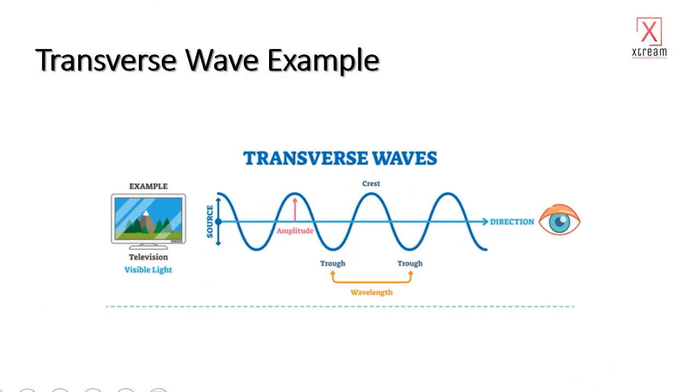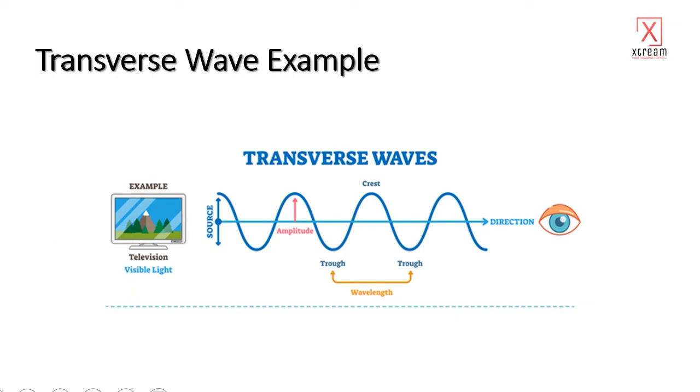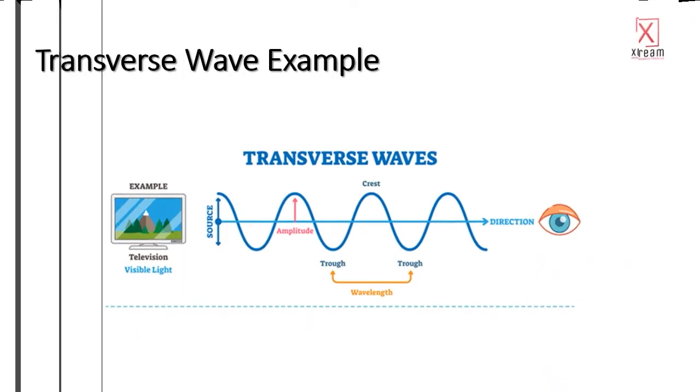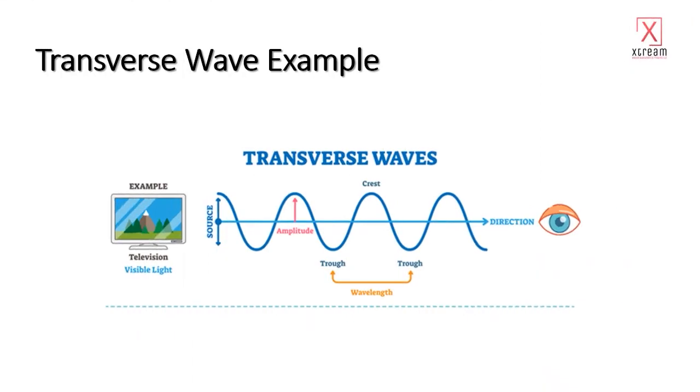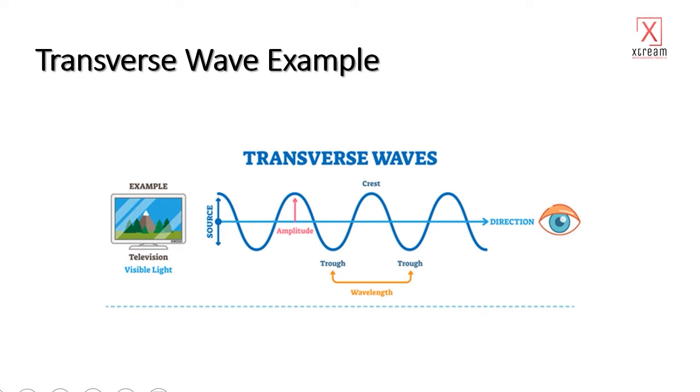You can see that the light wave is coming from the source to the receiver. In the given example, here is a source of the wave which is producing a light wave.